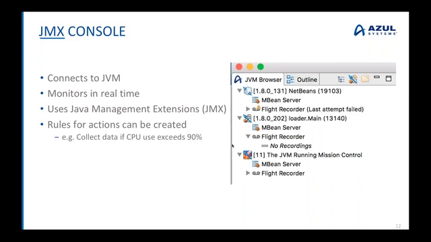Because the loader.main application that I was running was on top of Zulu JDK, that had flight recorder turned on by default, so there was no issue with that. Similarly, mission control was running on top of the Zulu JDK, and so there was no issue with that. But what we can do is use that to set up various things in terms of how we want to interact with those JVMs. We can connect to remote JVMs, we can turn things on, turn things off, and so on.